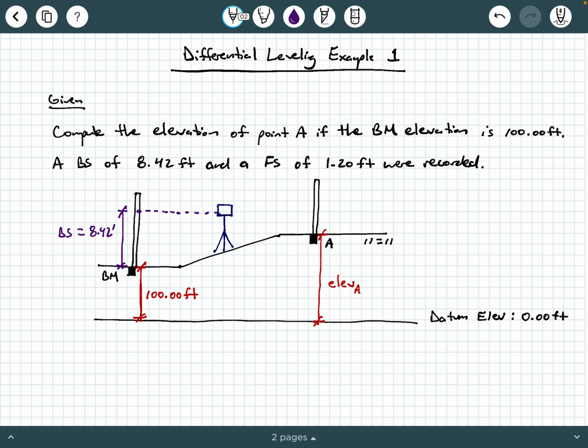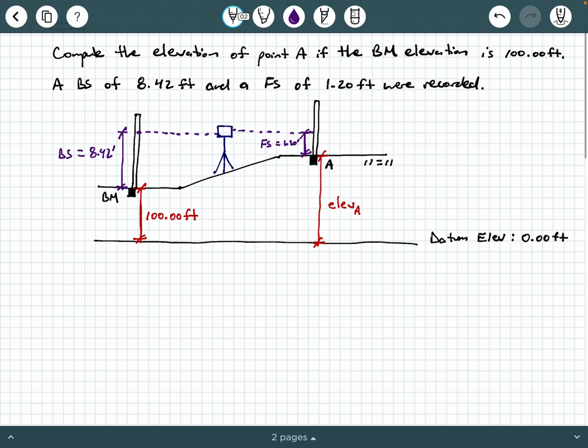The foresight is the reading that they take off of the rod when it's at the new point, the second point. And so the foresight reading is this value right here. That's the foresight, and that was given to us as 1.20 feet, okay? And so we use these values to calculate the elevation of point A, this elevation here that we're looking for.